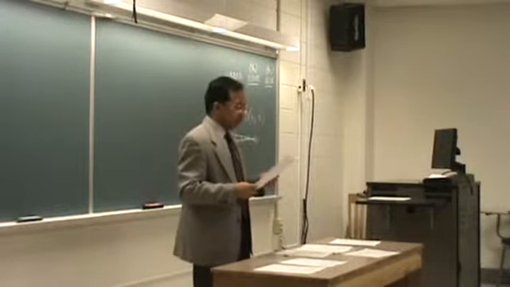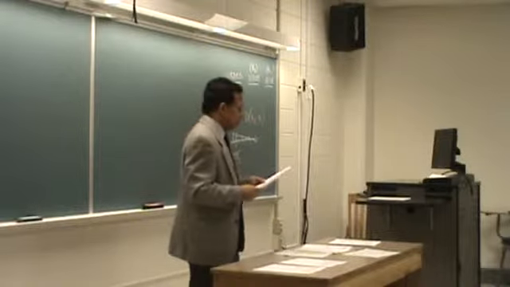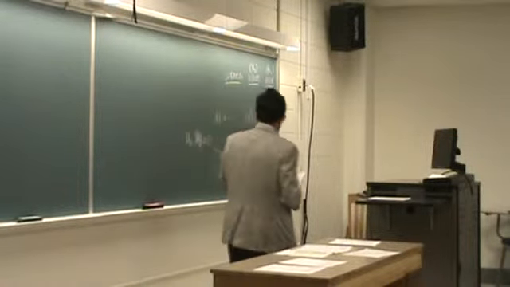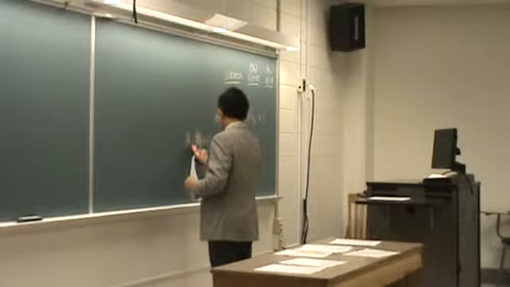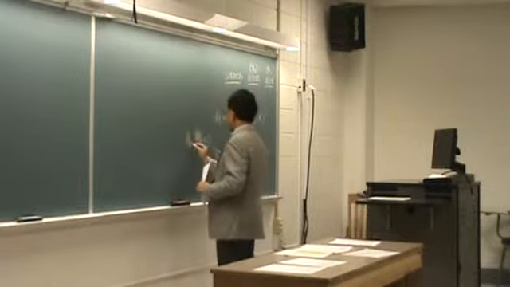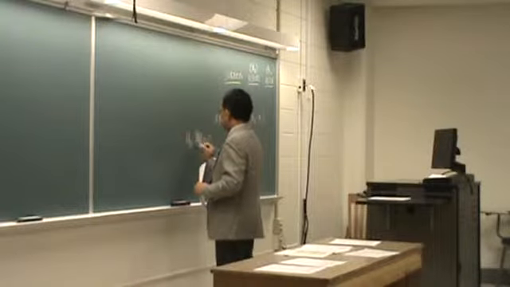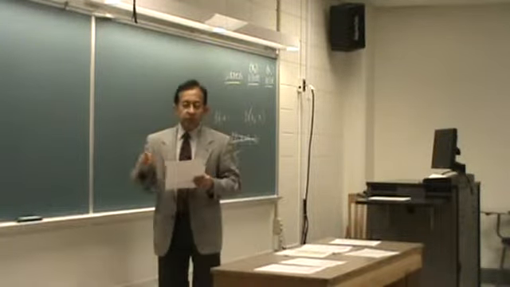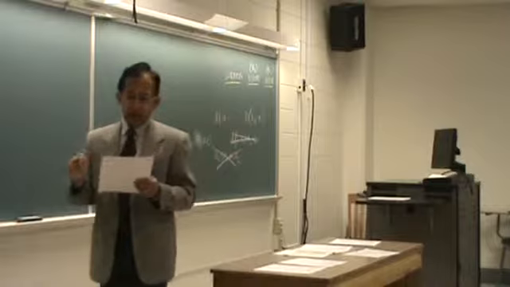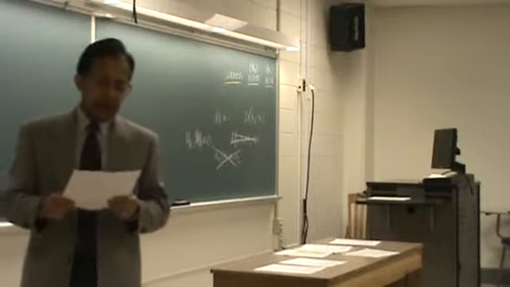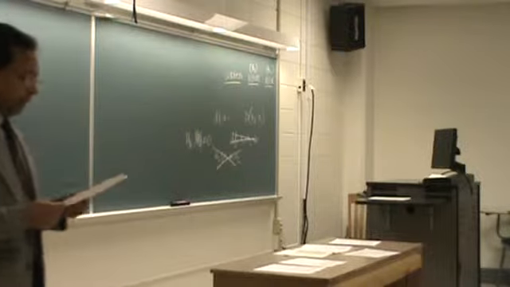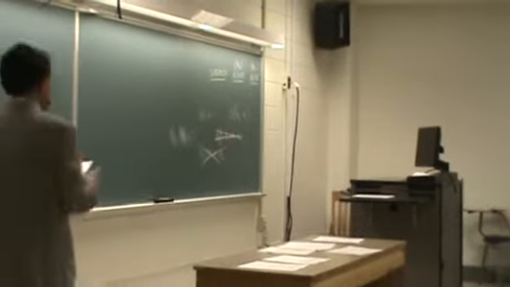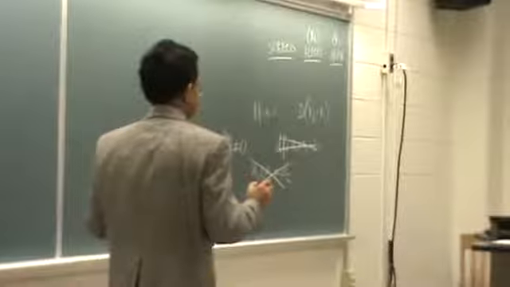So step 1, formulate hypothesis: alternate H1 or HA is mu sub d not equal to 0, and null is mu sub d equal to 0, and that 0 indicates no difference.